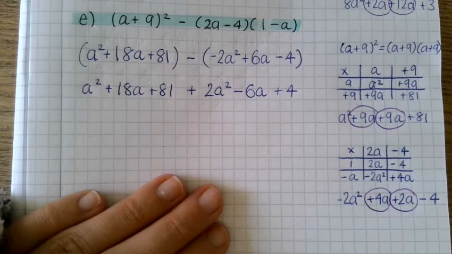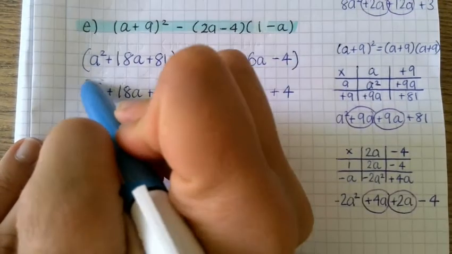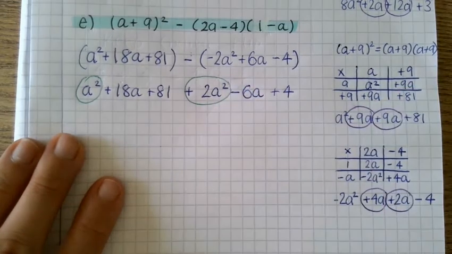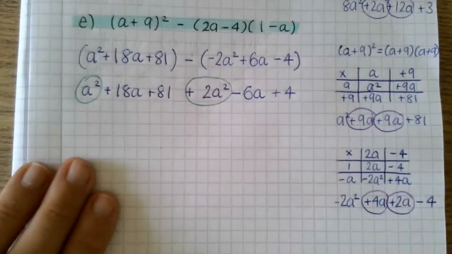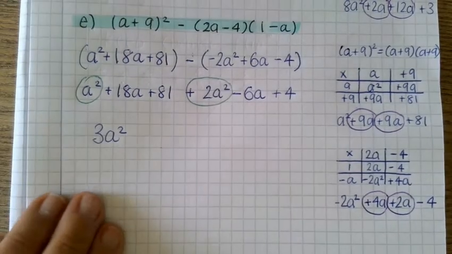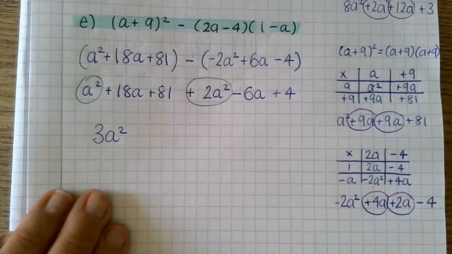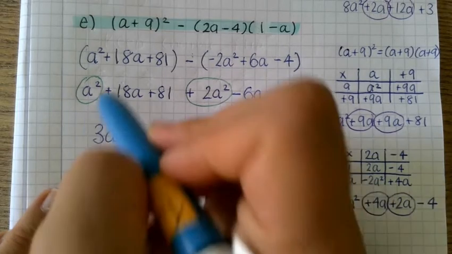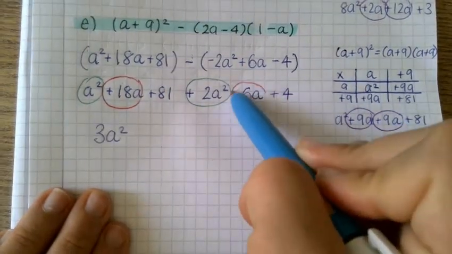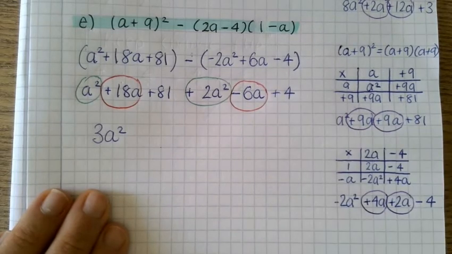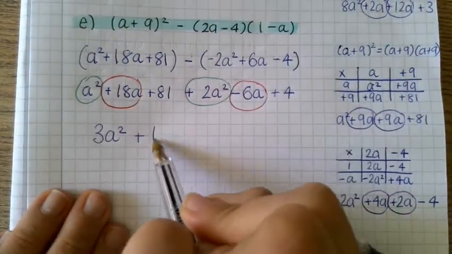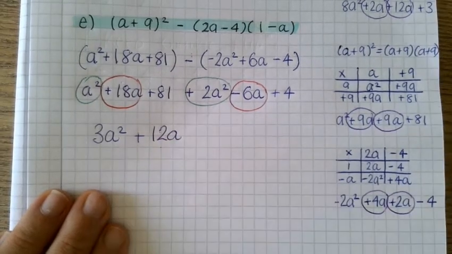So I can see I've got a squared and positive 2a squared. And they will collect together to give me 3a squared. Then I have positive 18a and negative 6a. And they will collect together to give me positive 12a.